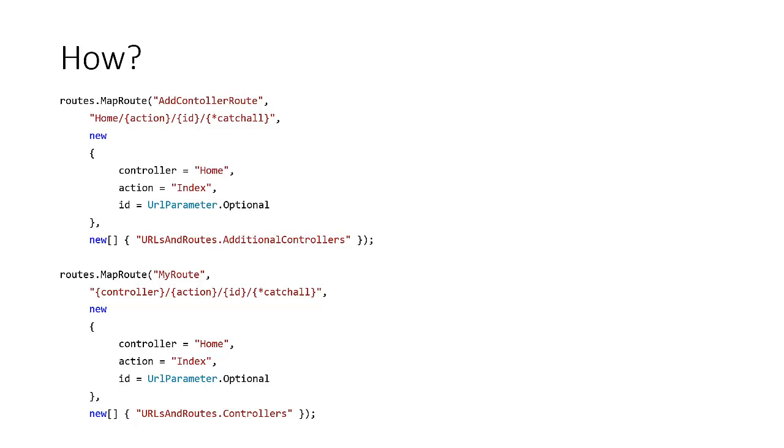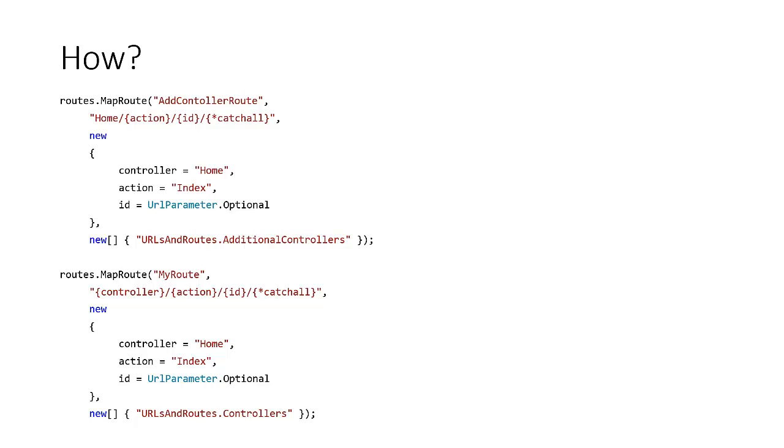Because our code would hit the home route at the very top first, it would first look for a home controller inside of URLs and routes.additional controllers.